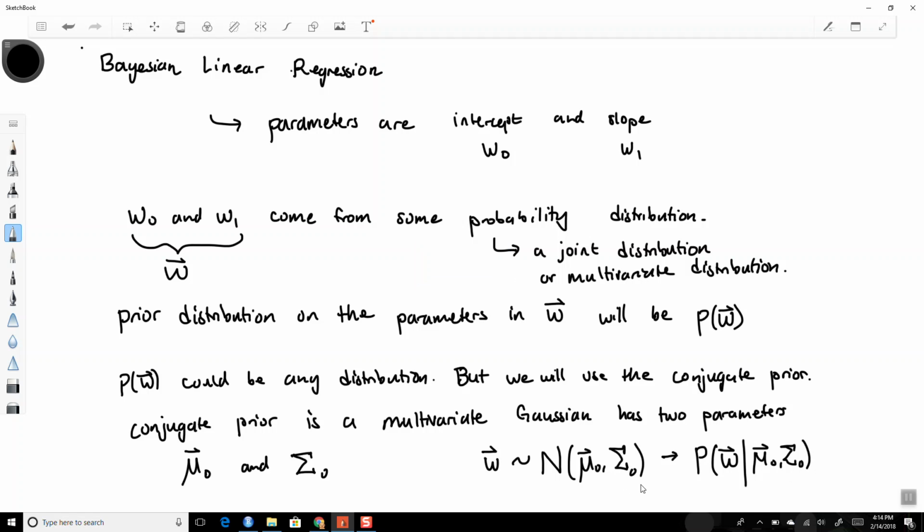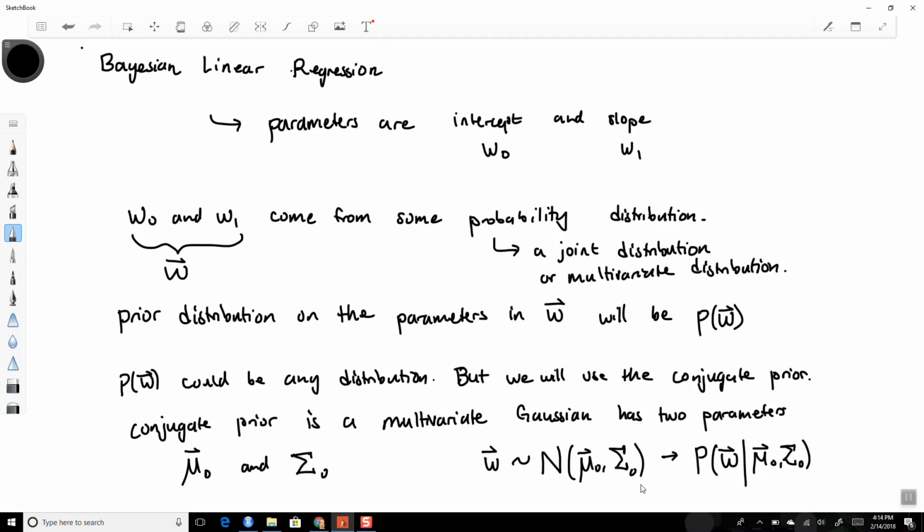Okay, so our intercept and our slope are random variables drawn from some distribution that considers all possible slopes and intercepts, okay? And then what we want to do is look at our data and update our beliefs about W based on what we see in the data.